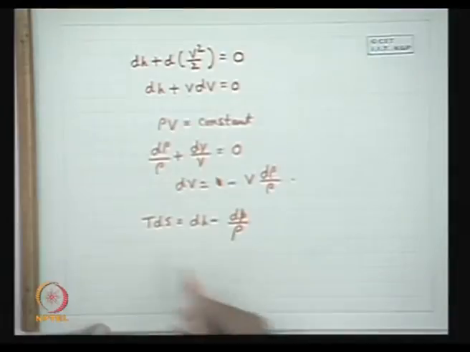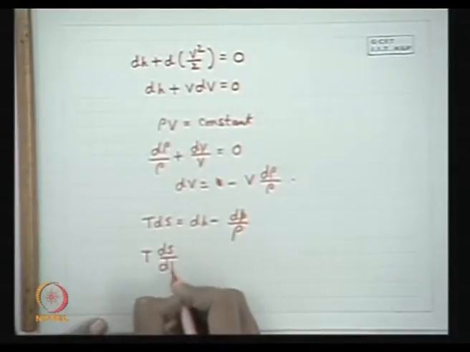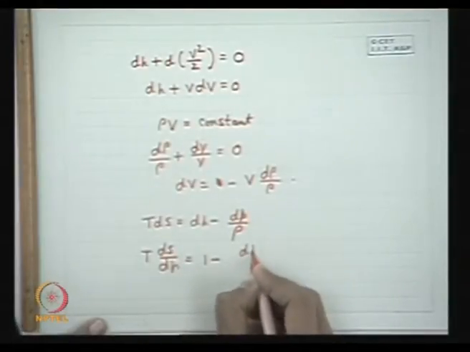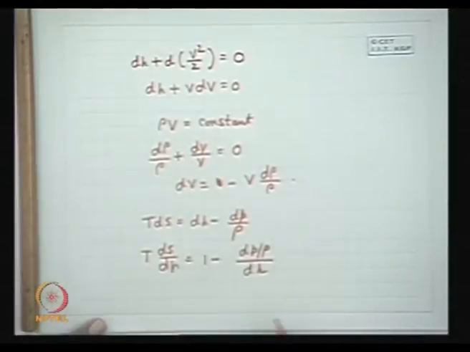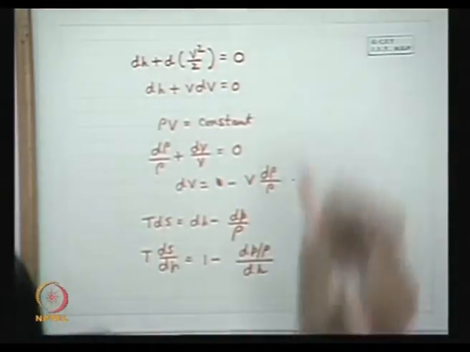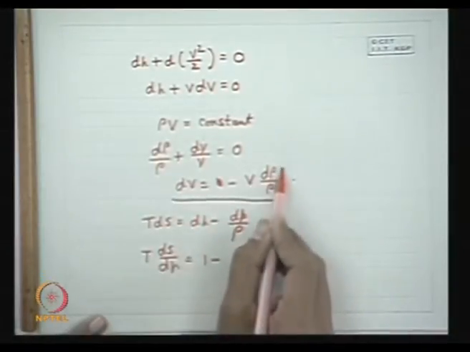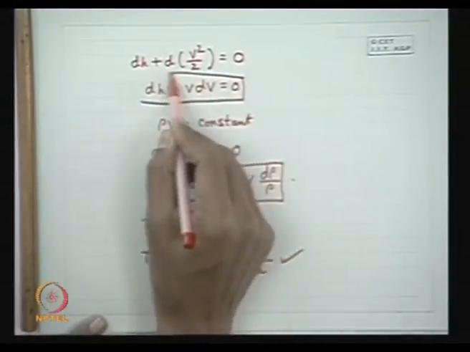Now if I write this equation, T ds by dH is equal to 1 minus (dP by rho) divided by dH. This is the relationship developed from the thermodynamic property relations. This is the outcome of the continuity equation and this is the outcome of the energy equation.